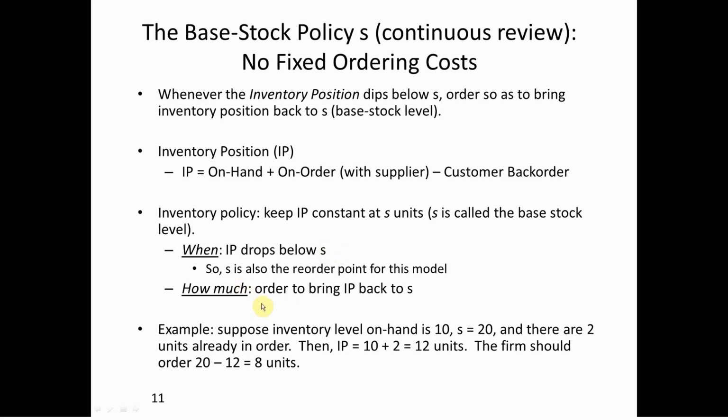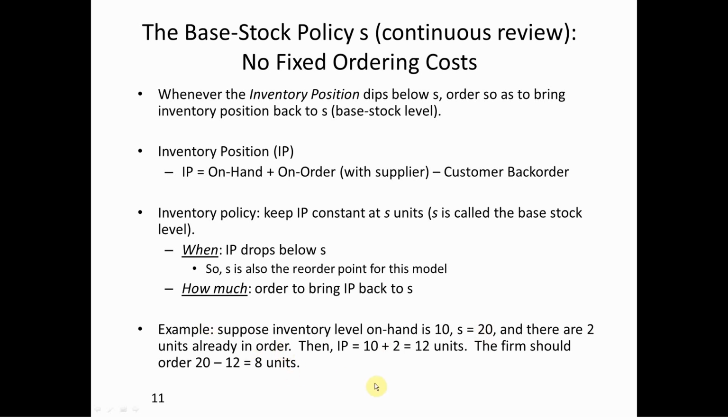How much should we order at that point? The amount to bring IP back up to S. In other words, the difference between S and the inventory position. So let's just say our inventory on hand is 10, our base stock level is 20, and there are 2 units already on order.